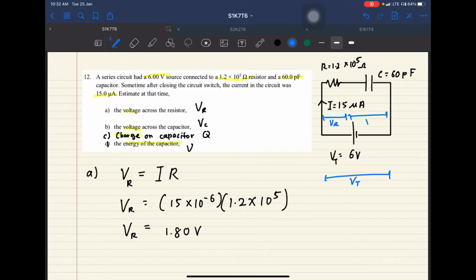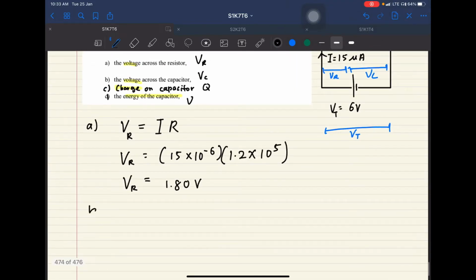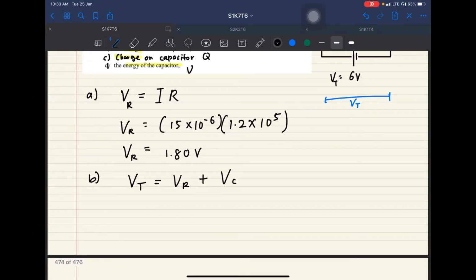VC is over there. So you can see from here that VR plus VC will be equal to V terminal, because this one is in series. So you can write down V terminal equals VR plus VC, because R and C are in series. VC is equal to 6 minus 1.8, so you should get VC equals 4.2 volt.